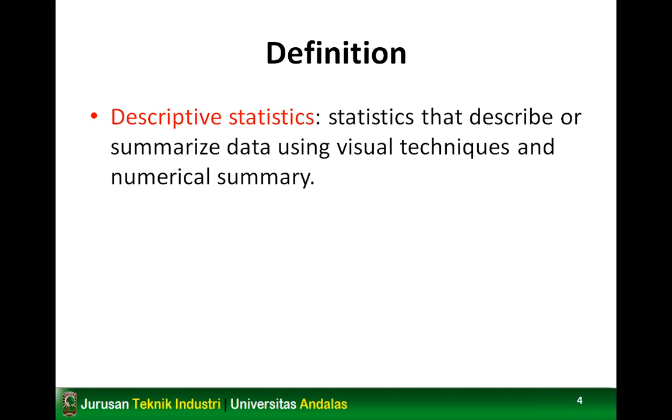There are three things that we can use in describing the data: pictures, tables, and numbers, and the numbers mean the numerical summary.